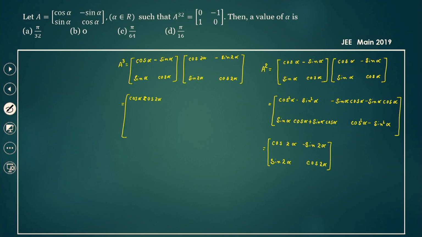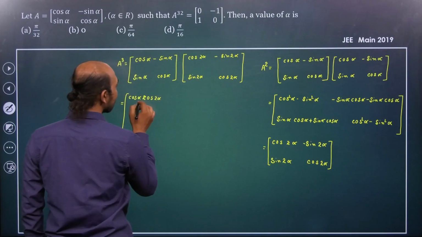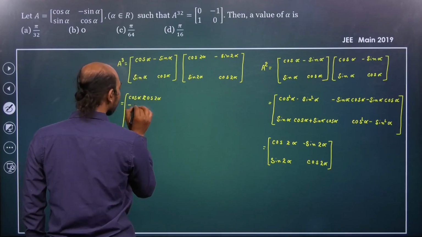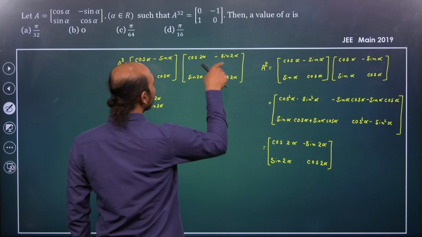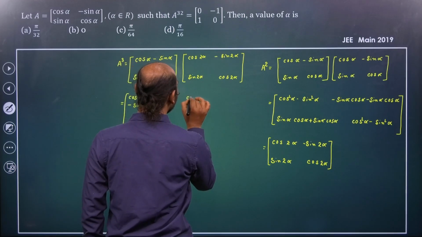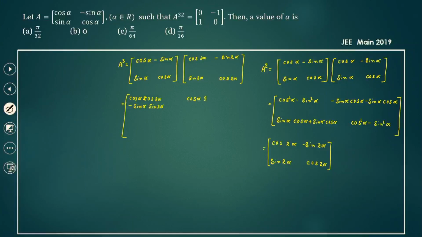Let's multiply. We have cos alpha cos 2 alpha minus sin alpha sin 2 alpha. For the next term, cos alpha times minus sin 2 alpha, minus sin alpha cos 2 alpha. So we get the first row.